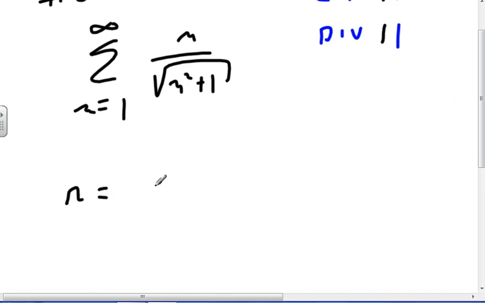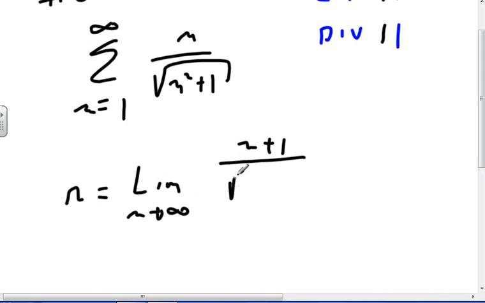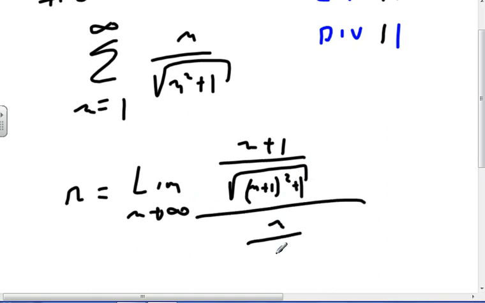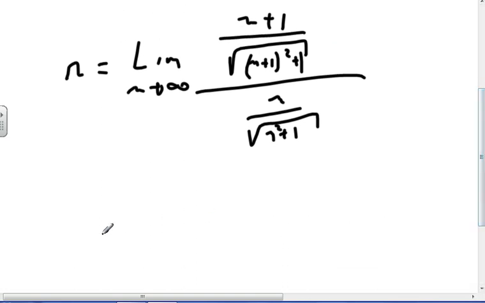Okay, so I'm going to look at r is equal to the limit n goes to infinity of n plus 1 over the square root of n plus 1 squared plus 1 divided by n over the square root of n squared plus 1. And then I'm going to say, oh gee, why me? Okay, I'm going to invert and multiply.